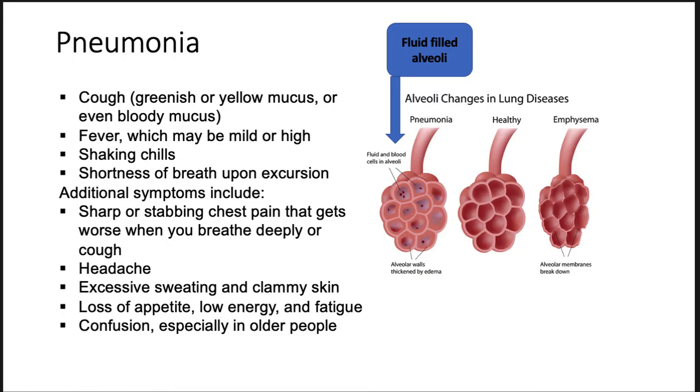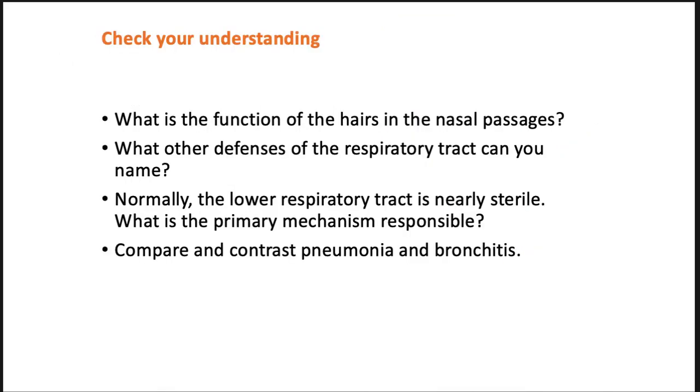And the older you are, the more susceptible you are to becoming confused or delirious. It also turns out the older you are, the more susceptible you are to pneumonia. Another reason not to smoke. Okay. All right, so review your anatomy, especially as it pertains to infection, okay?